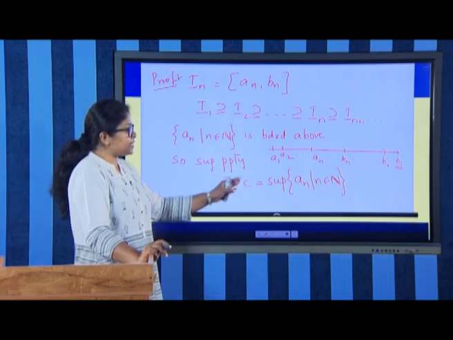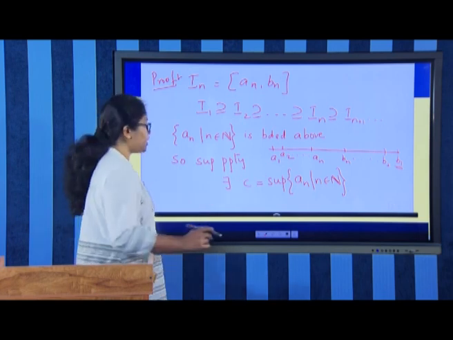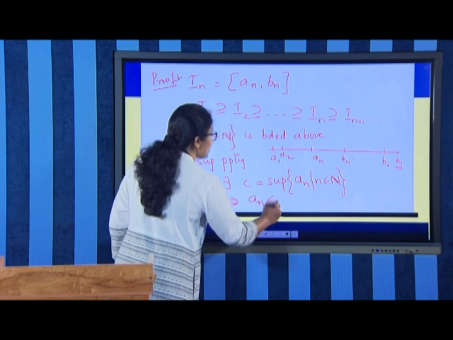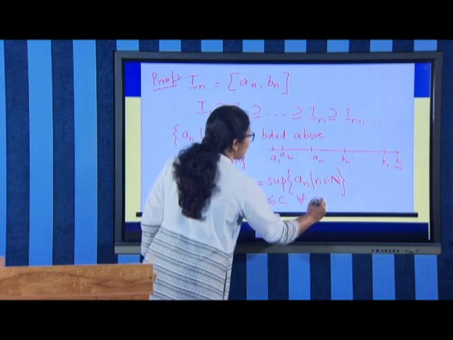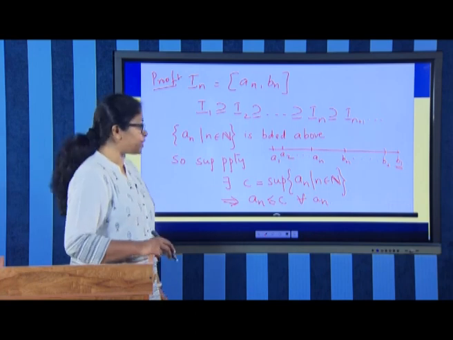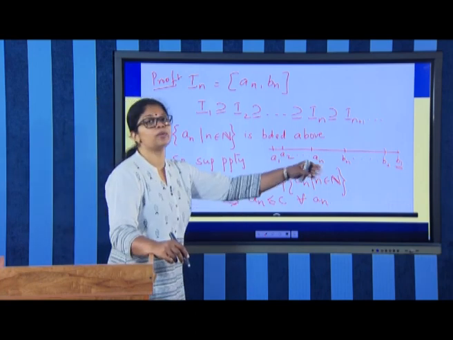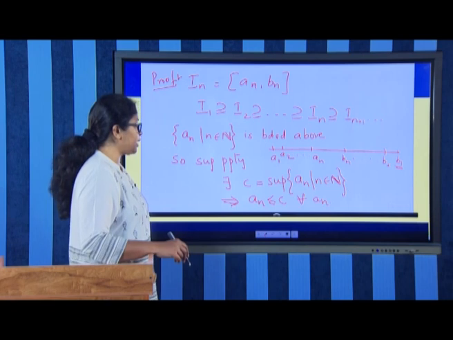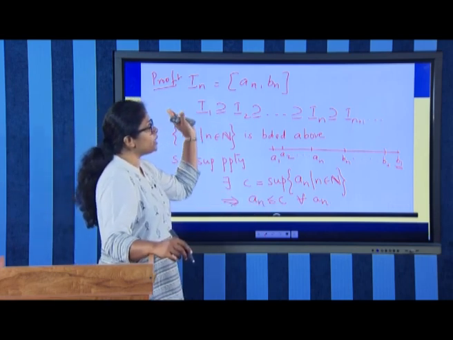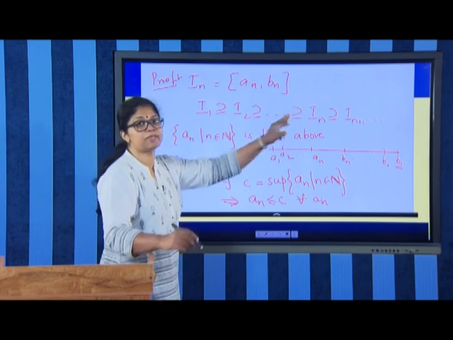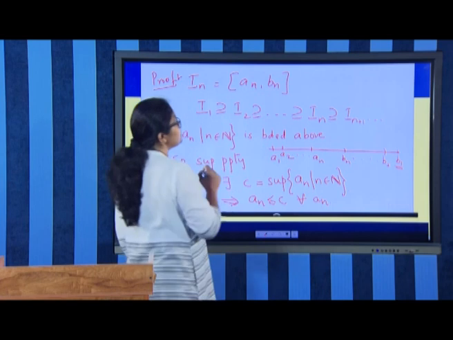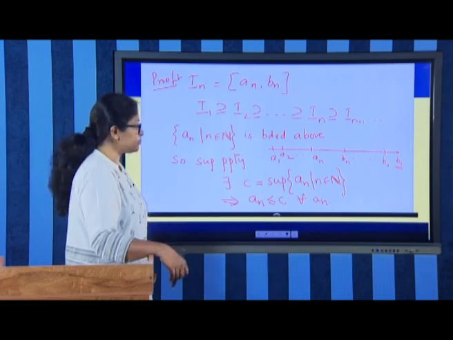Because C is the supremum, we have the condition that An is less than or equal to C for every An. Now, it remains to show that C is less than or equal to Bn for every n. Then definitely C is inside each and every one of these intervals because they are nested, and hence C is the common element in the intersection.